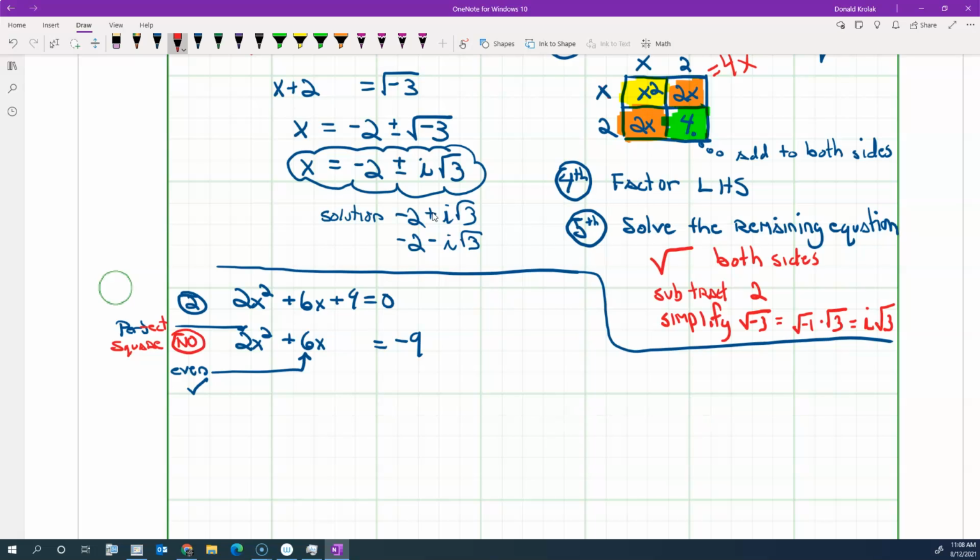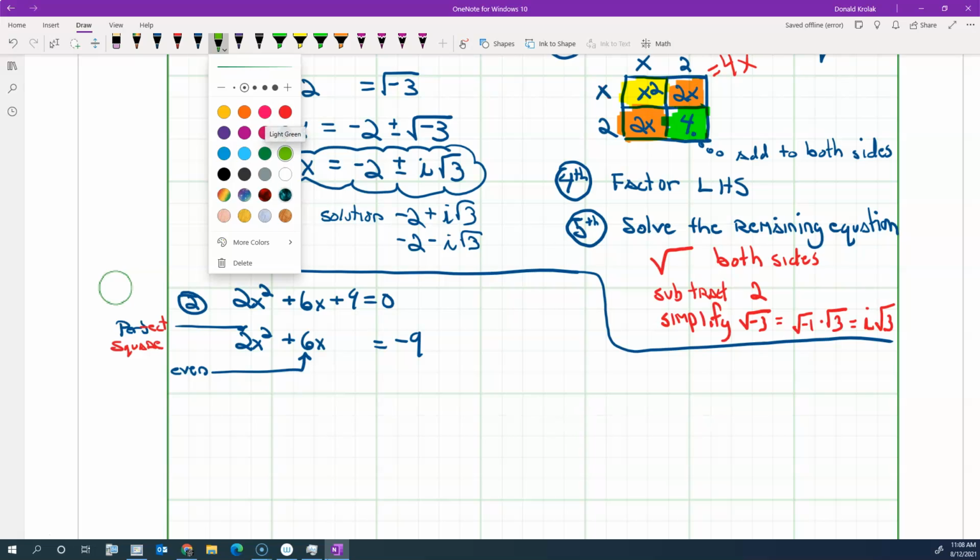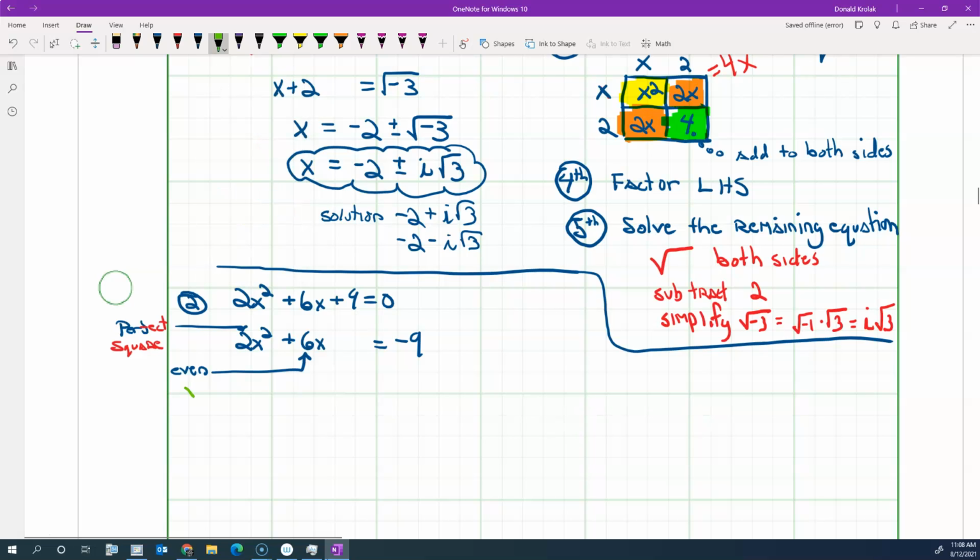All right, so you can't complete the square until you change that. So this almost passed. The linear term was even, so check. But the quadratic term, not a perfect square.